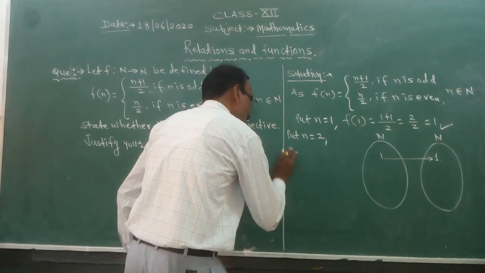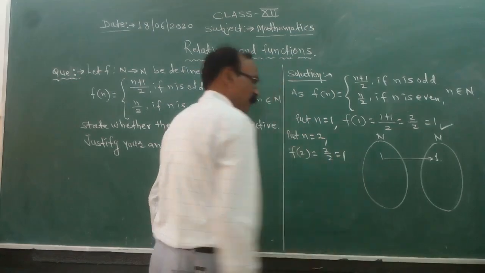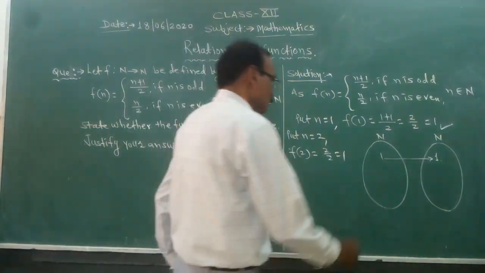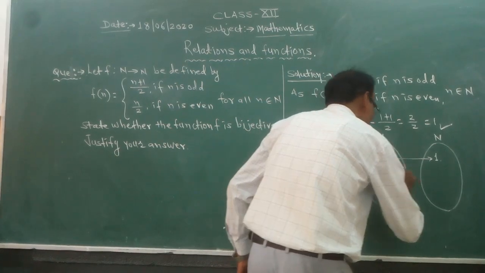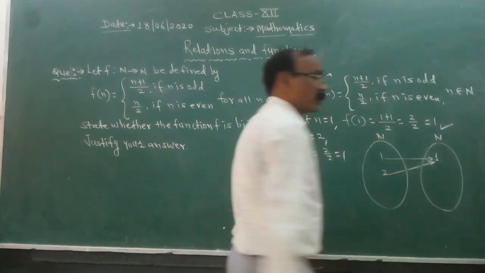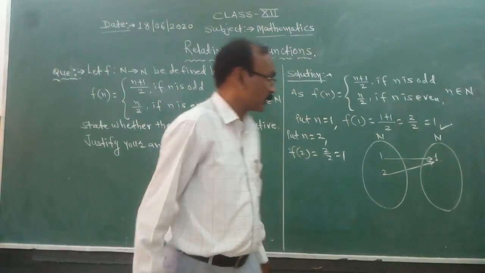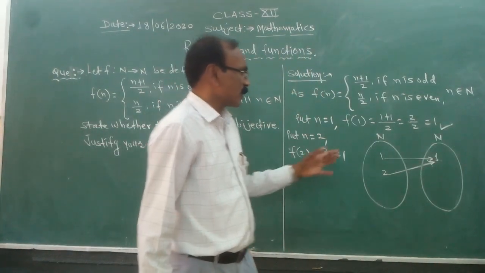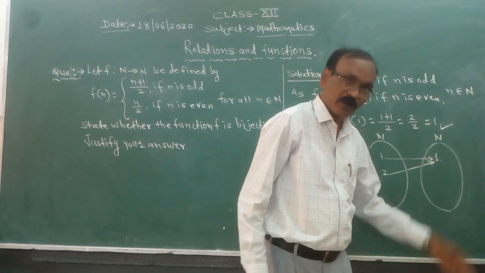So f of 2 is 2 by 2, again you are getting 1. So in the domain, 2 is again related with the number 1. It means two numbers are related with number 1. So this function is not 1-1. It is a many-one function.